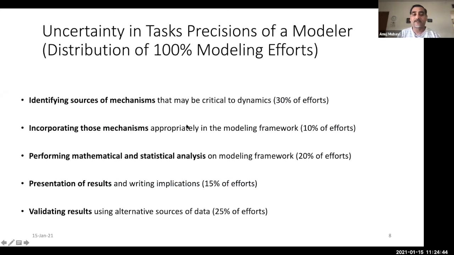Actually, first you understand the biology, and second, you incorporate it into equations. These first two parts are 40%, roughly speaking. The second part takes 20 to 30%. Actually, it could take more time depending on how complex the models are. But the first part is very important, and it takes a lot of time.